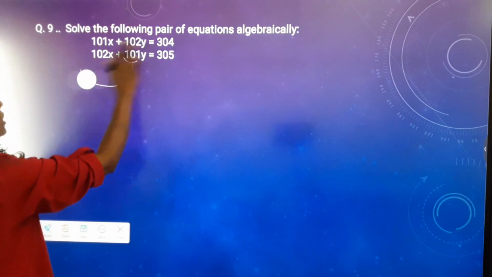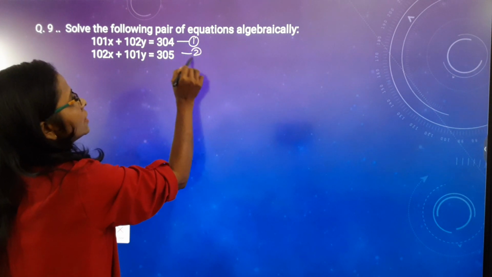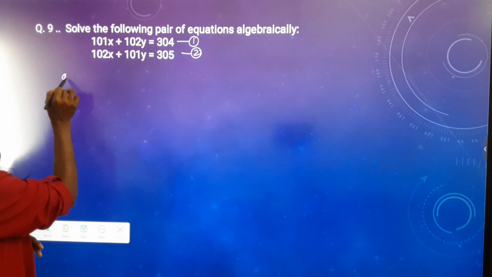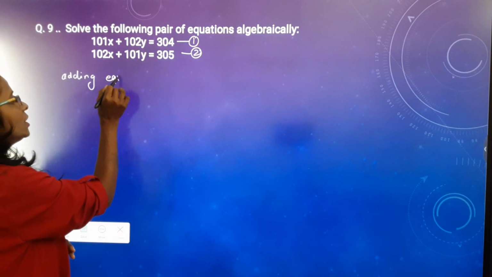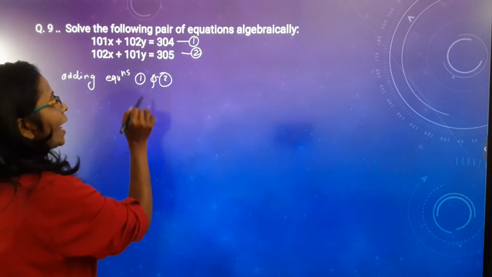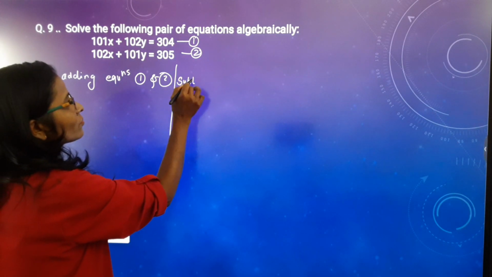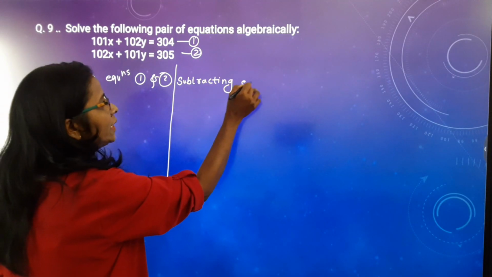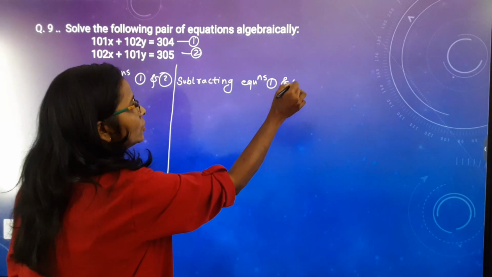So now here students, first we call this the first equation and this one the second equation. Then adding equations 1 and 2, and subtracting equations 1 and 2.